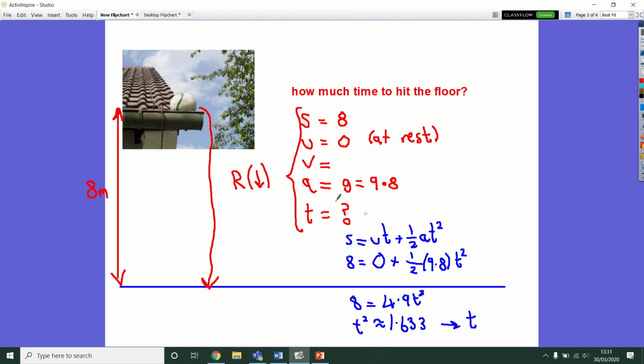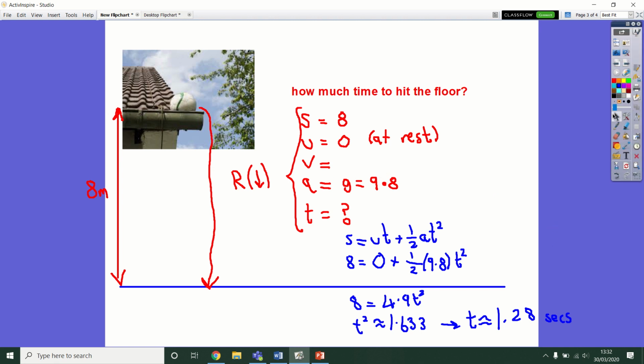Now, we obviously don't want a negative time. We can ignore the negative version of that. So just the positive square root's what we need. And that gives me roughly 1.28 seconds. Okay, so that's using Suvat, and using our motion under gravity, acceleration is 9.8.